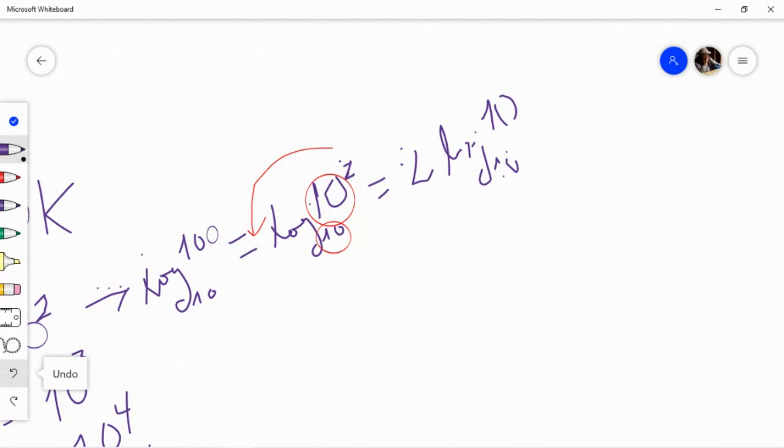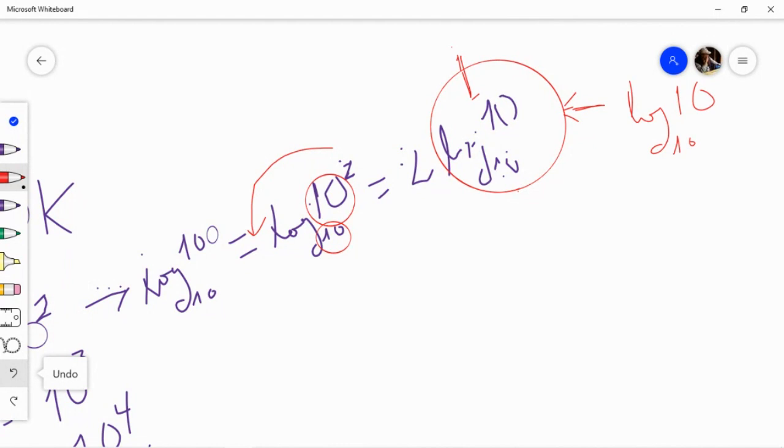And then think about it: base 10 log of 10 is basically 1. What this means is log base 10 of 10 equals 1, right?